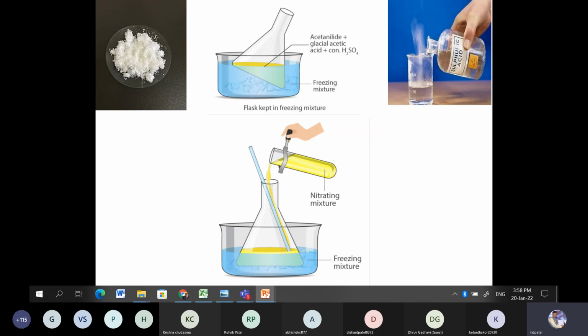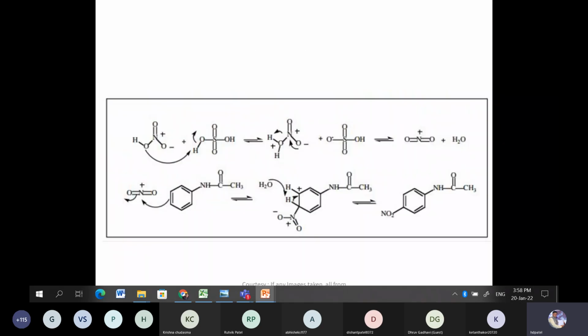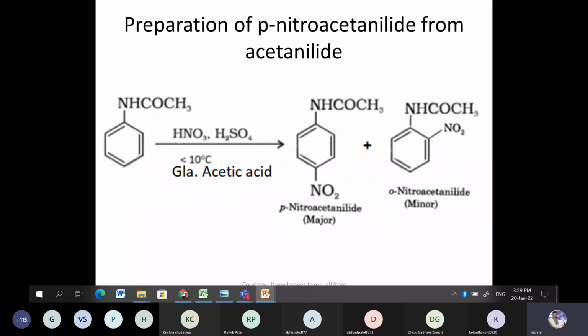Now why is recrystallization required? Because during this reaction, if by chance the temperature is greater than 10 degrees centigrade, then the amount of ortho-nitroacetanilide will be high. To avoid such a problem we have to maintain the temperature less than 10 degrees centigrade throughout the reaction.